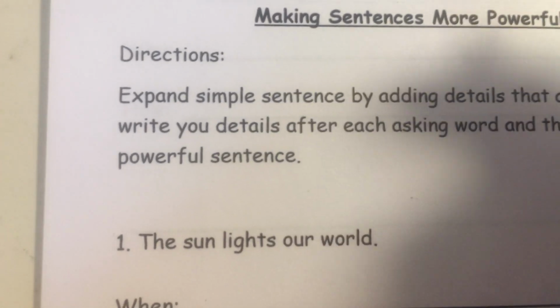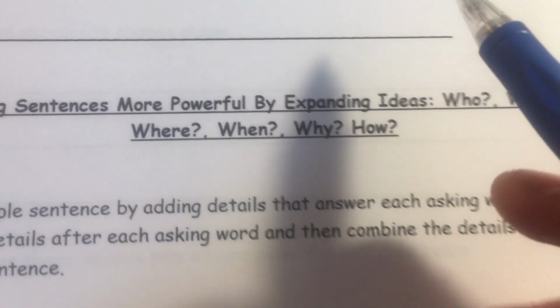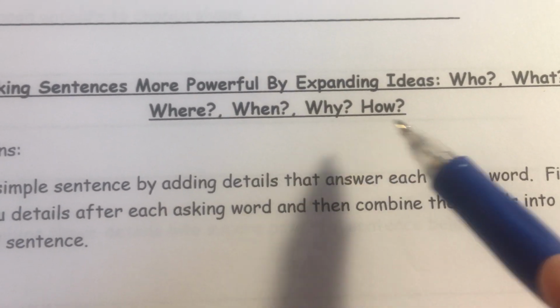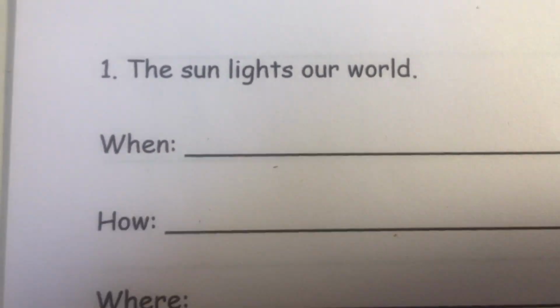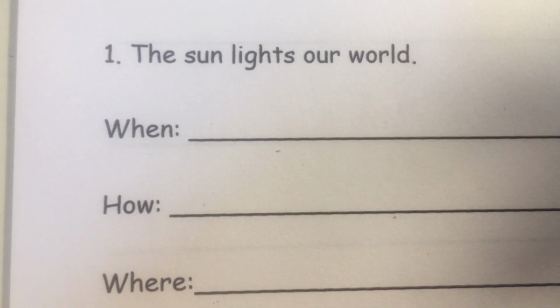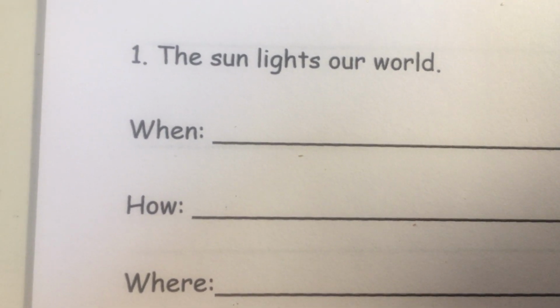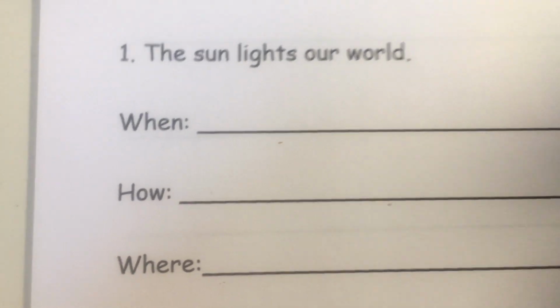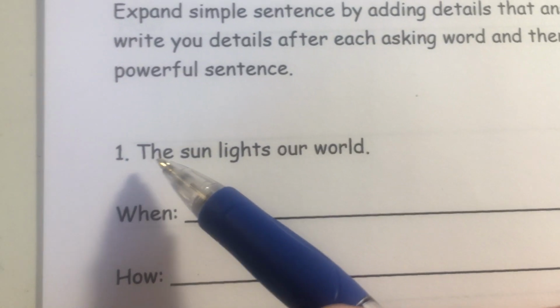So we have some basic asking words that you have learned this year. Words like who, what, where, when, why, and how. We're going to answer a few of those questions for each sentence and then see how we can put those answers into more powerful sentences. So let's see how this works.